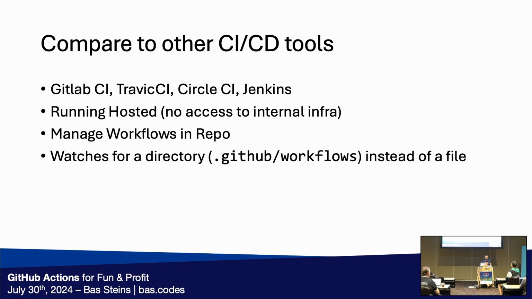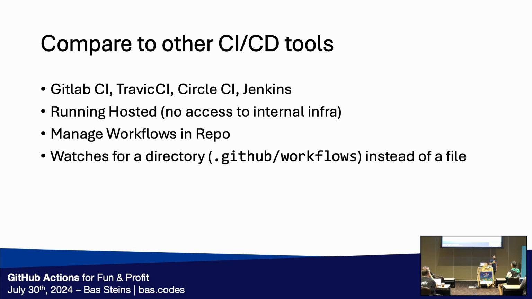One of the major differences to other tools, at least when GitHub Actions launched, was that the definitions weren't in a single file like a Jenkinsfile, but GitHub watches an entire directory, .github/workflows, which enables you to have a couple of different workflows live independently of one another in your repository.